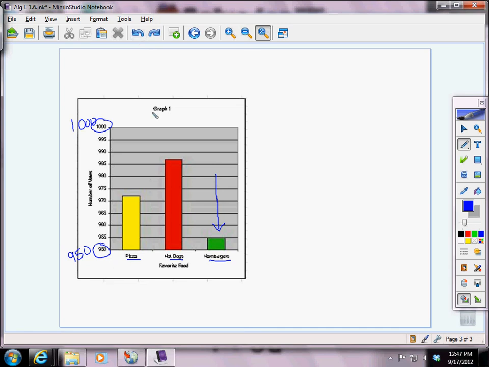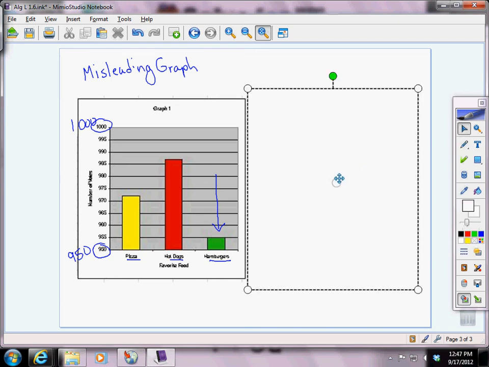So this is what we would call a misleading graph. And it's misleading because of that compressed y-axis, because they didn't tell us that there are a bunch more numbers down here. Now, you might be thinking, why is that so important?